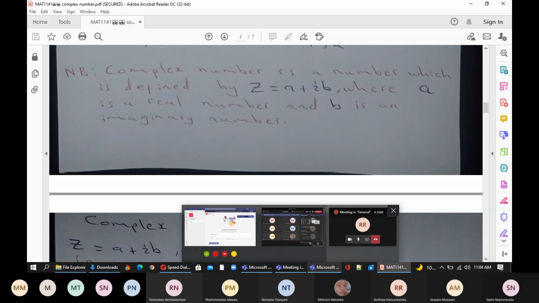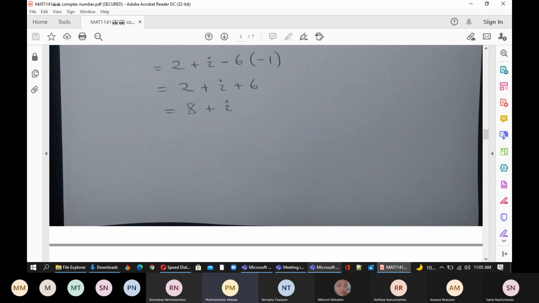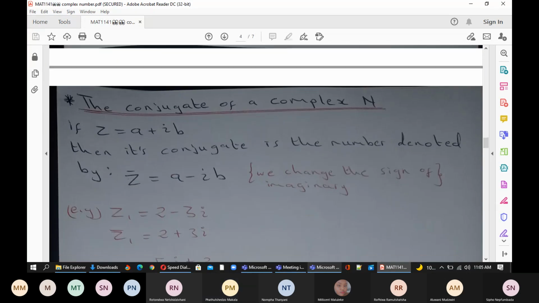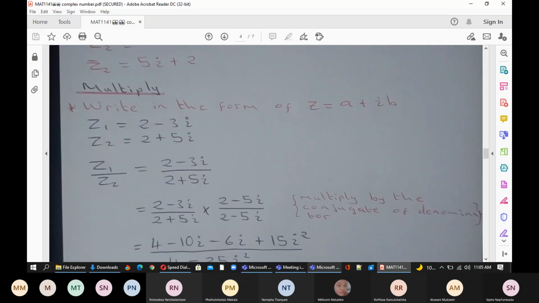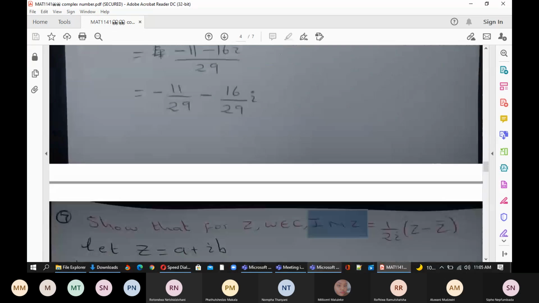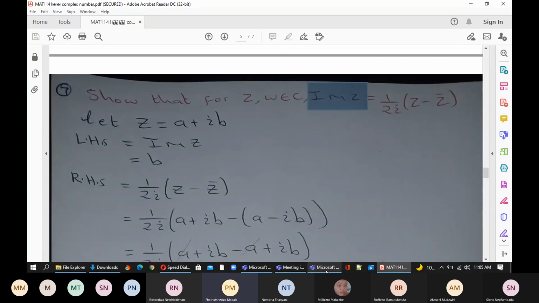Guys, time is money. A complex number is a number which is defined by z, which is equal to a plus ib, where a is a real number and b is an imaginary number. Meaning that the imaginary part is equal to what? Imaginary of z equals b. Yeah, that's what I want.